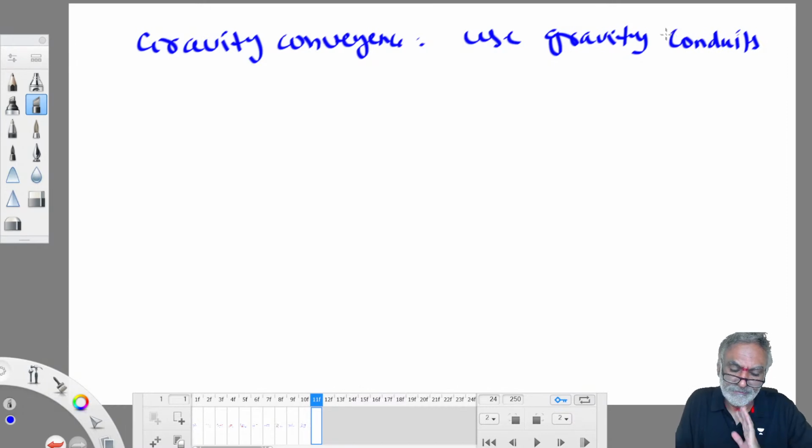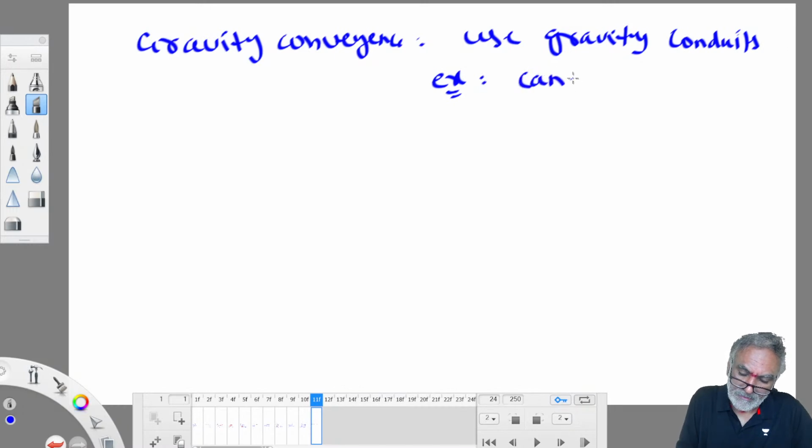Gravity conduits, an example is canals. Canals are open channels.